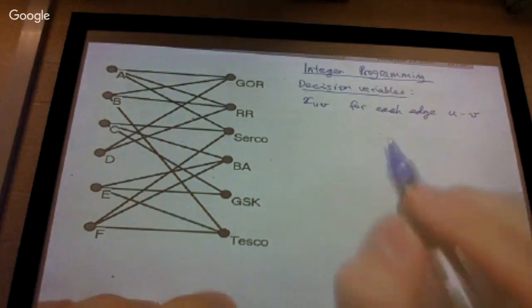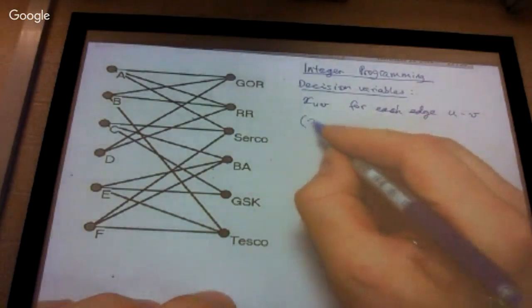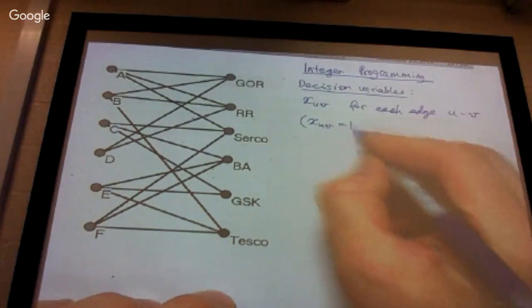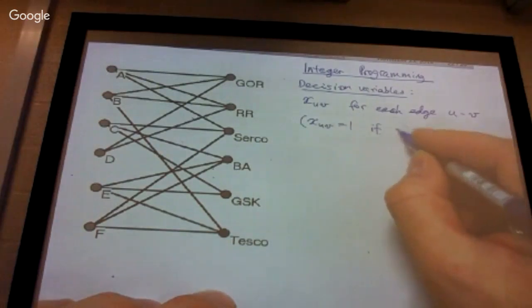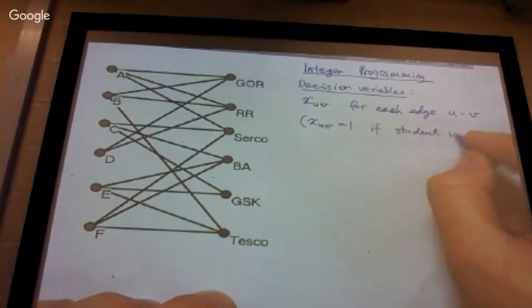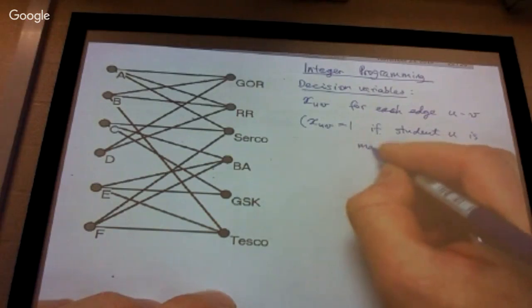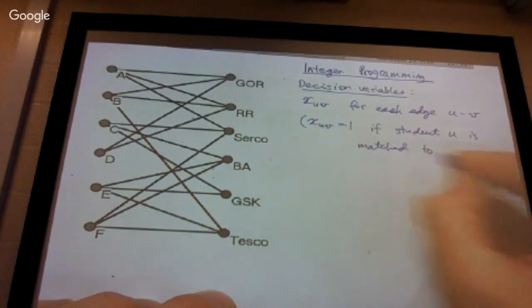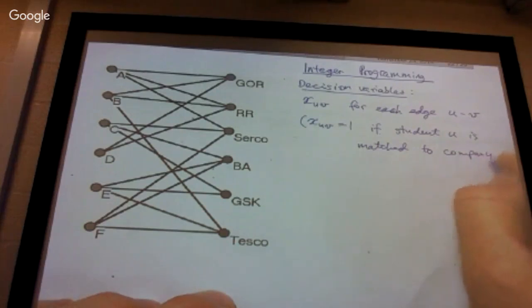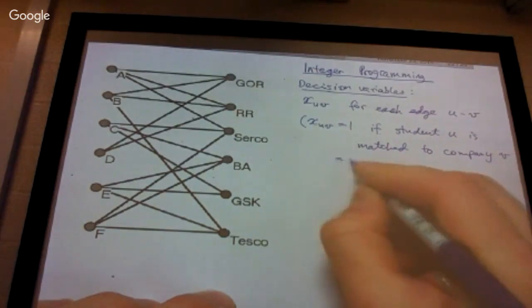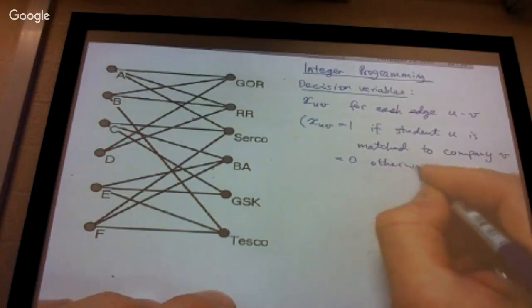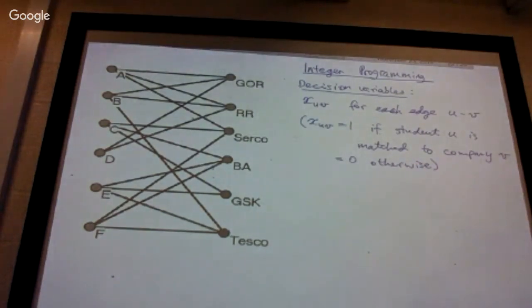And we want this to be equal to 1 if student u is matched to company v, and equal to 0 otherwise. So this is exactly what you would probably expect by now. 0-1 variables: which edges we pick into the matching and which edges we don't pick into the matching.